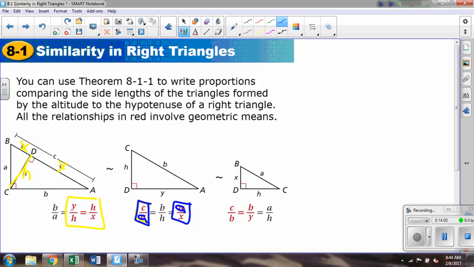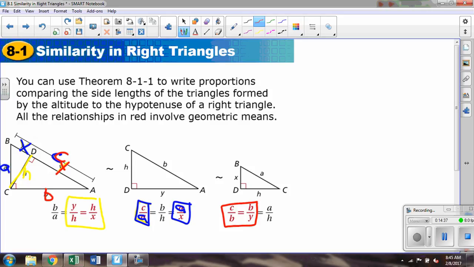We will be able to use a geometric mean to figure out that length based on having X and C. We can use those two pieces to get A. And likewise, when we look here, we've got B and B on a diagonal. We will have the ability to figure out that length by using Y and C.